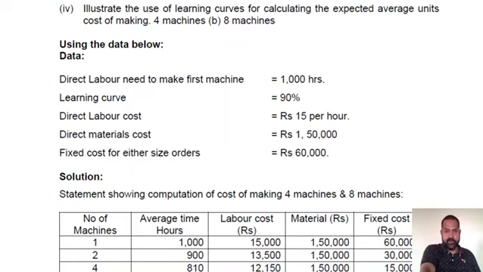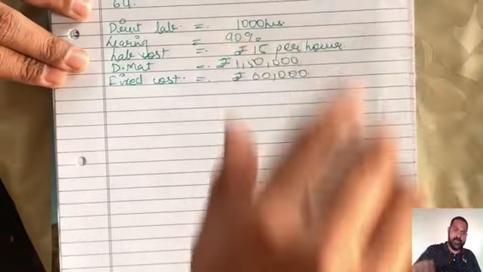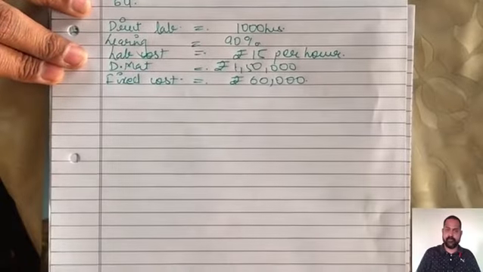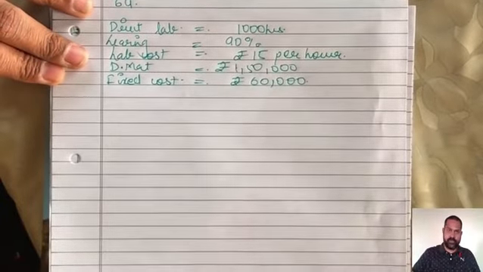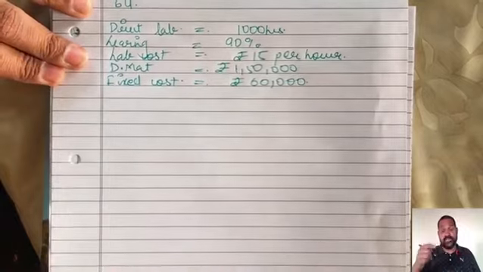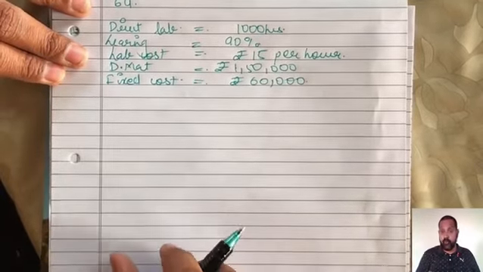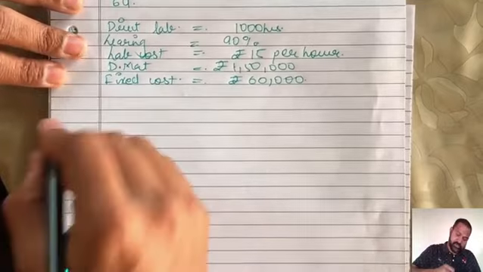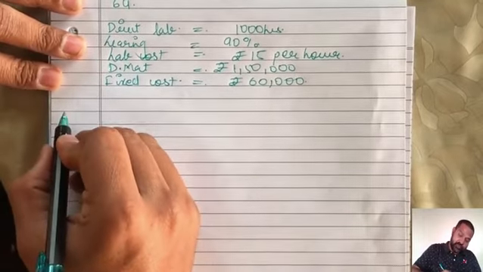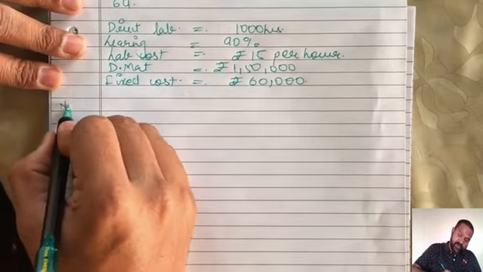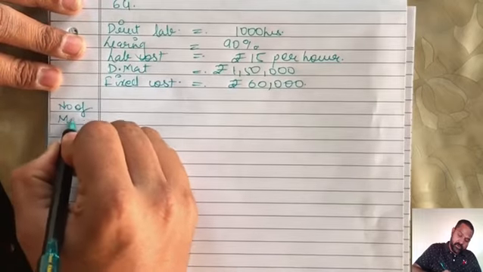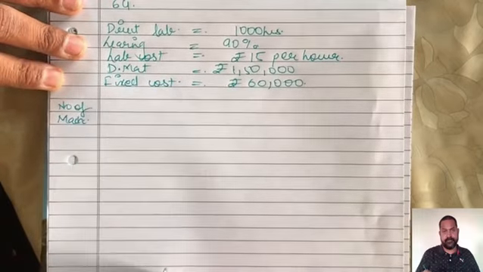Let's get rid of this. Let's begin with the question. So I have to find the cost to make 4 machines and 8 machines. I need the time taken to make 4 machines and 8 machines. So the first column that I'm going to write is number of machines.